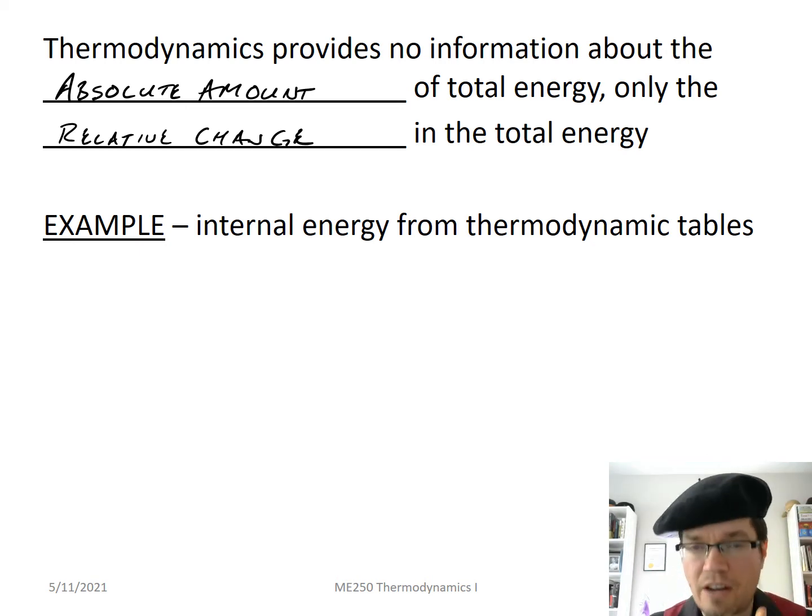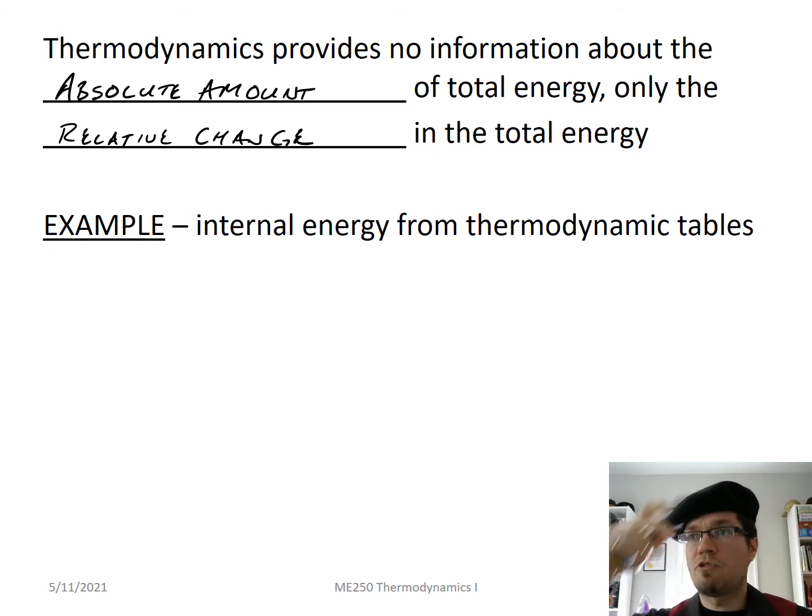Some examples of this that I'm not going to write down, I'm just going to tell you about them. mgz, the gravitational potential energy, is always referenced to somewhere, right? I'm dropping this from here into my hand, but I could drop it from here onto the ground, or I could open the window and drop it from here onto street level, or down into the sewer, or down to the center of the earth.